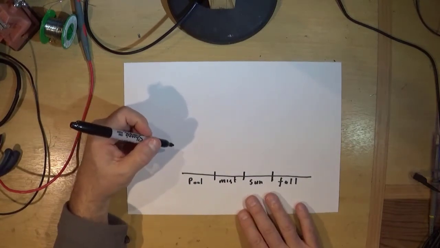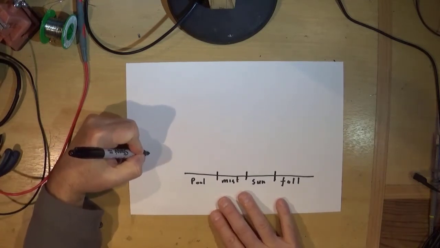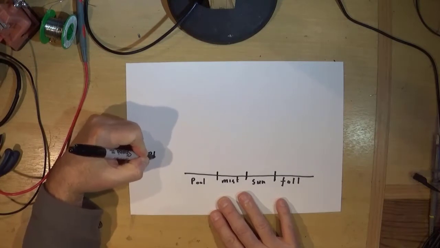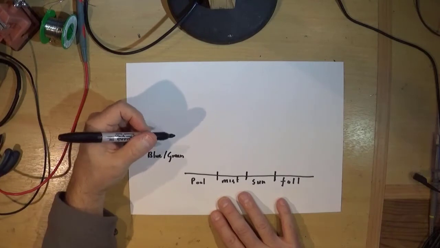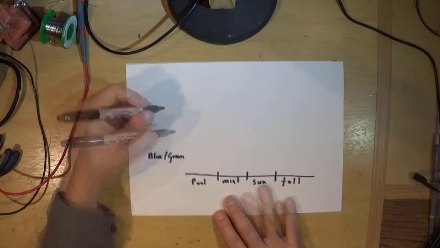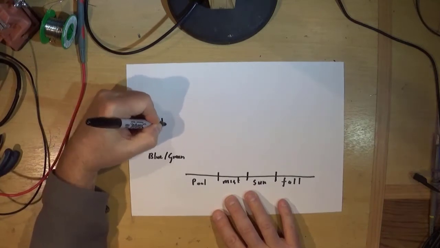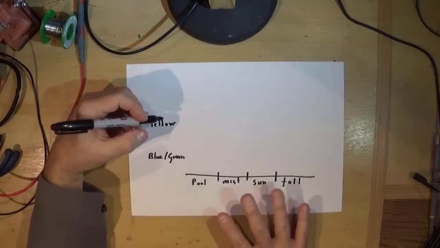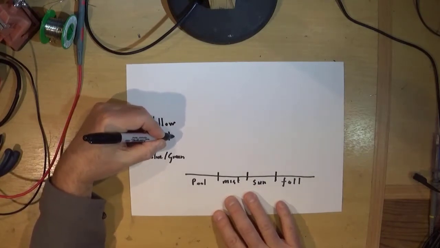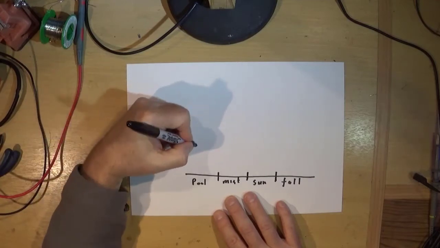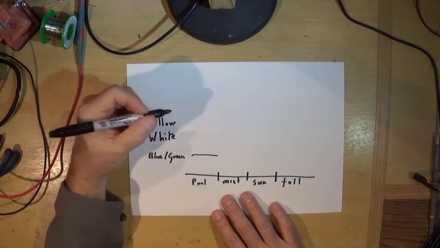And the pool is basically a blue green colour. The sun is a yellow colour, and the waterfall itself is white. So we want to make it so when it's in the pool it's at the constant blue green.